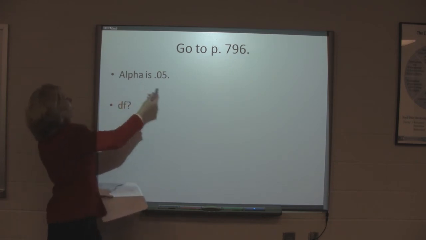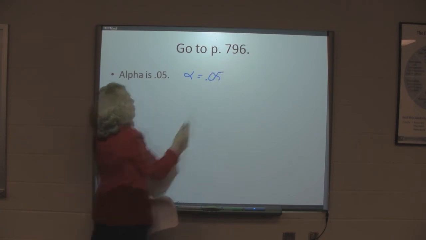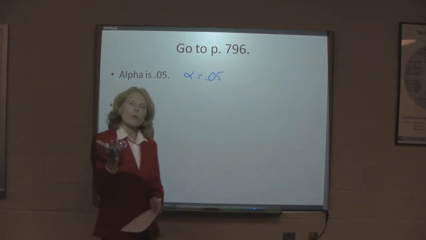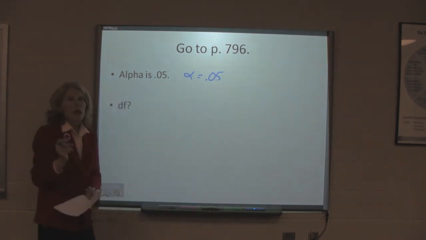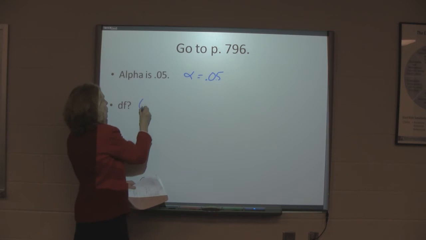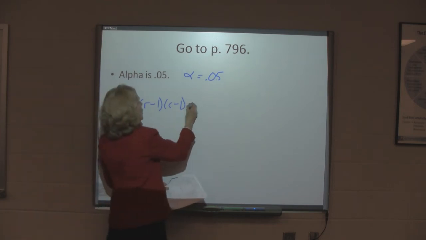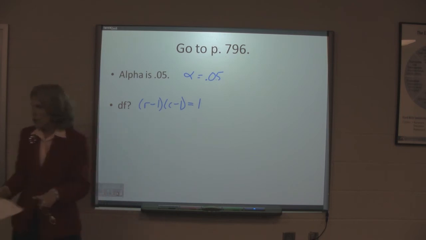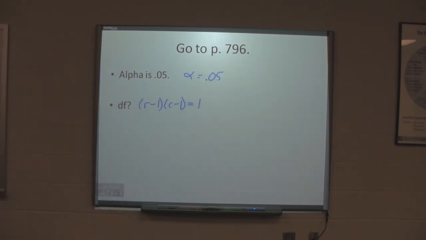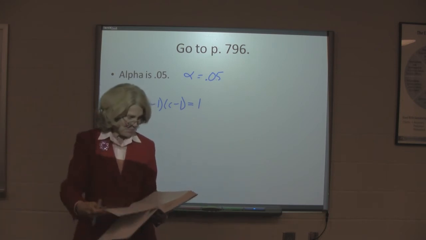Now, let's say that alpha risk is 0.05 or 5%. So we're going to be working with 95% confidence. The degrees of freedom, remember, we said is R minus 1 times C minus 1. And we already said that was 1 degree of freedom. So let's go to page 796 in your books to the chi-square table.